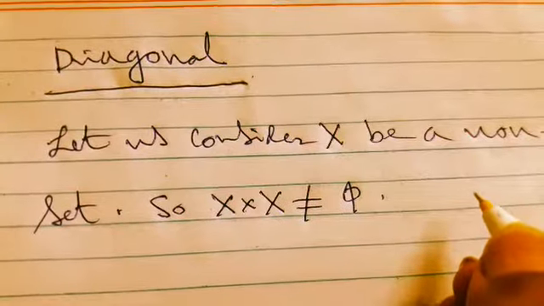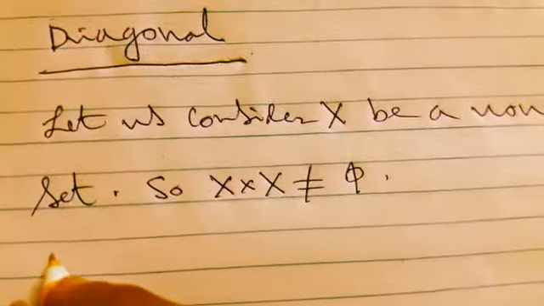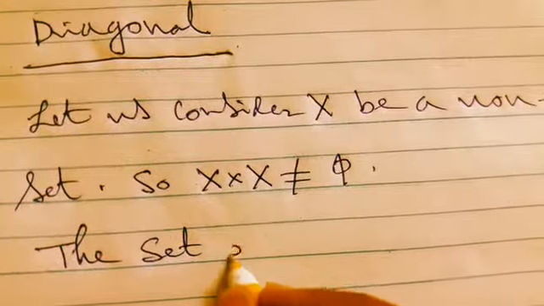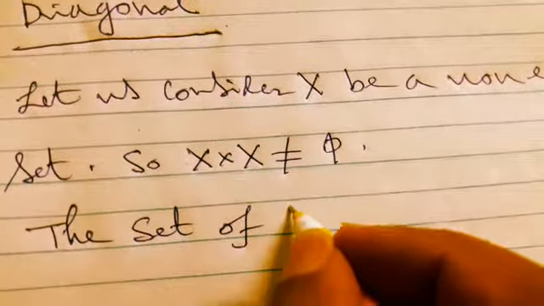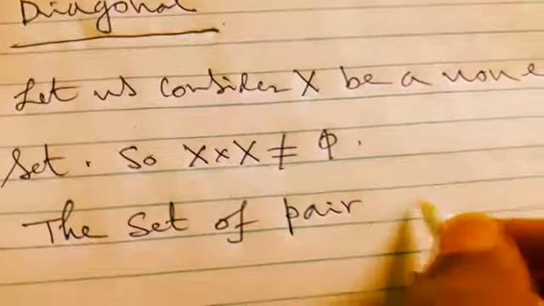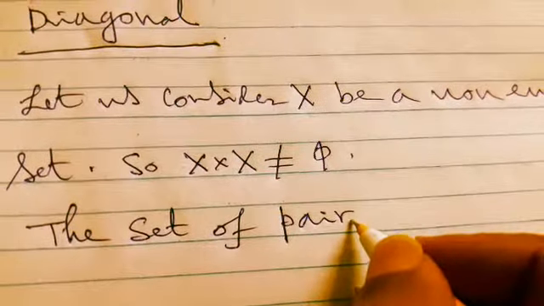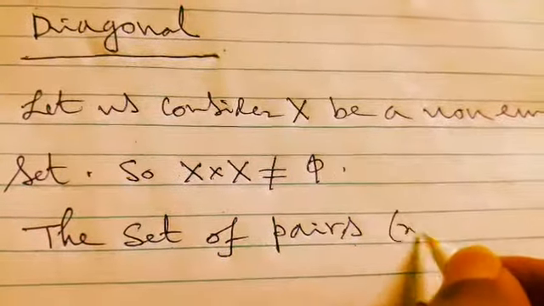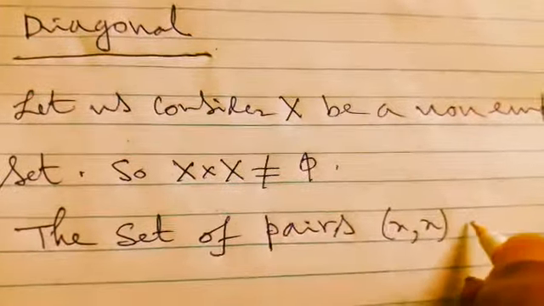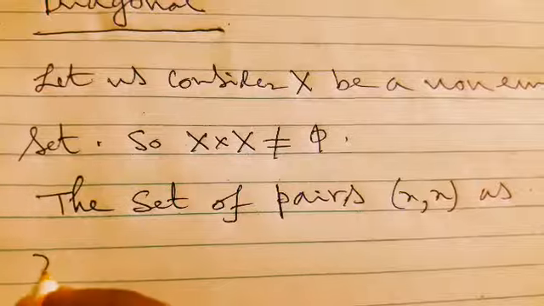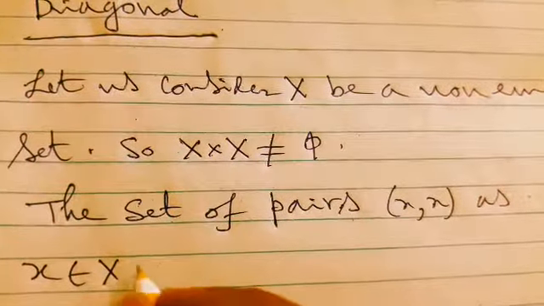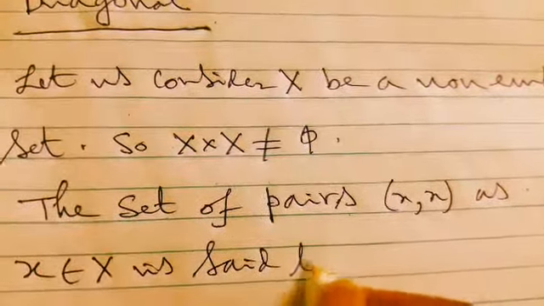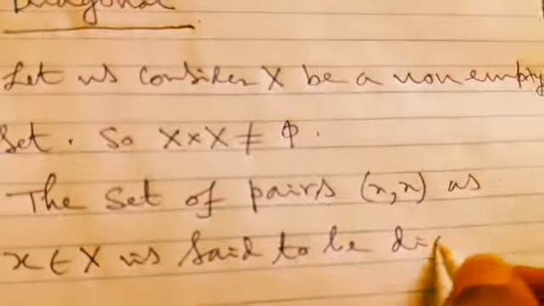And now the set of pairs (x, x), where x belongs to capital X, is said to be diagonal.